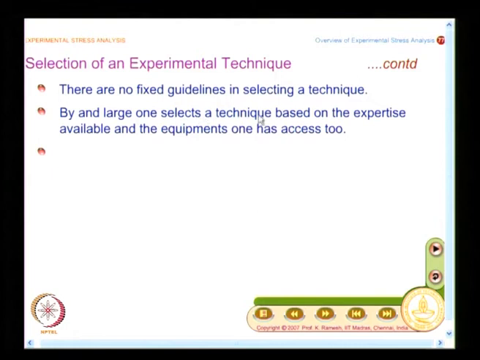You will select a technique based on the expertise available and the equipment one has access to. So, this also indirectly dictates: you may have several techniques that are suitable for a given problem at hand, but you would definitely choose those techniques that you have access to, and for which you have personnel trained in employing them.